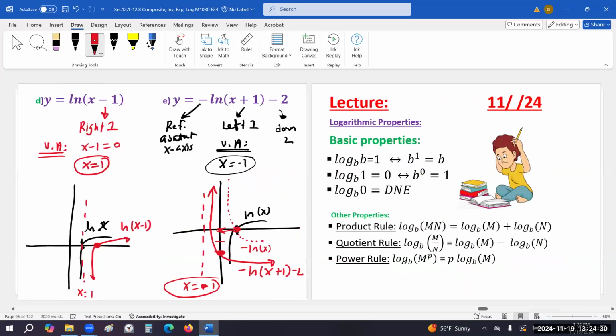Now comes the properties of log, which you need to memorize. The first one says, if you have log base b with the argument b, as long as you have the same thing with the log, all of them cancel out. It becomes 1.